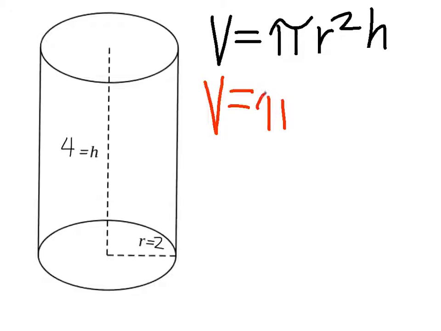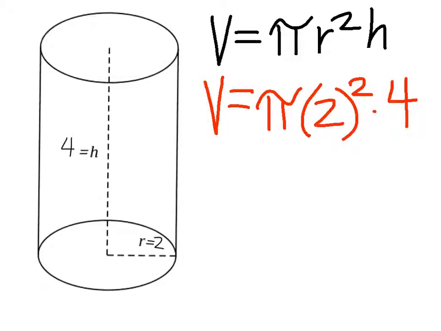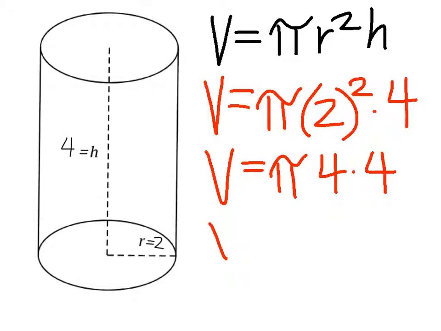All we need to do is plug in our numbers. So we have pi times our r, which is 2. We square that times 4 for our height. So the volume is equal to pi times 4 times 4. So 16 times pi. Somebody want to do that?